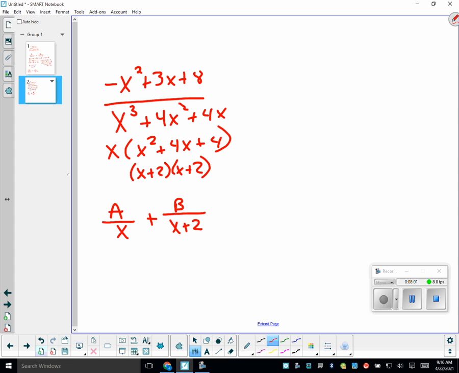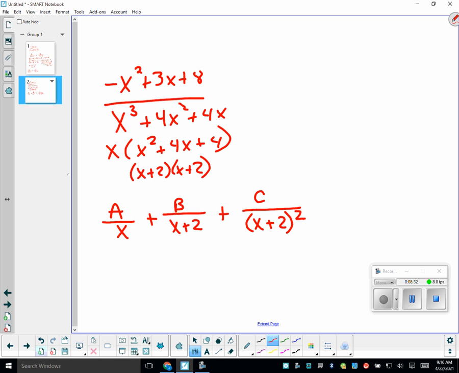Yeah. Plus c over x plus 2 squared. Because I have 2 of them. So this could have been an original denominator, couldn't it? I don't have an x plus 2, but I have a squared. Could I have just added this one and this one and got that denominator? So I have to use every possibility for a denominator.